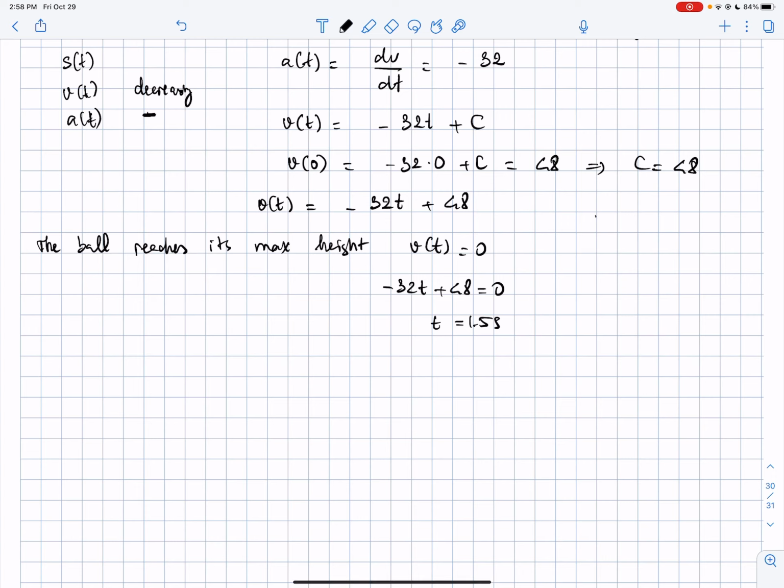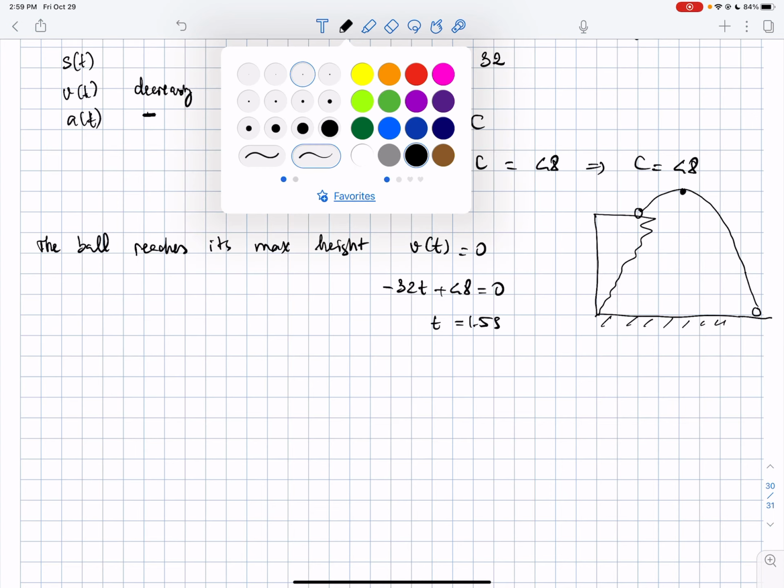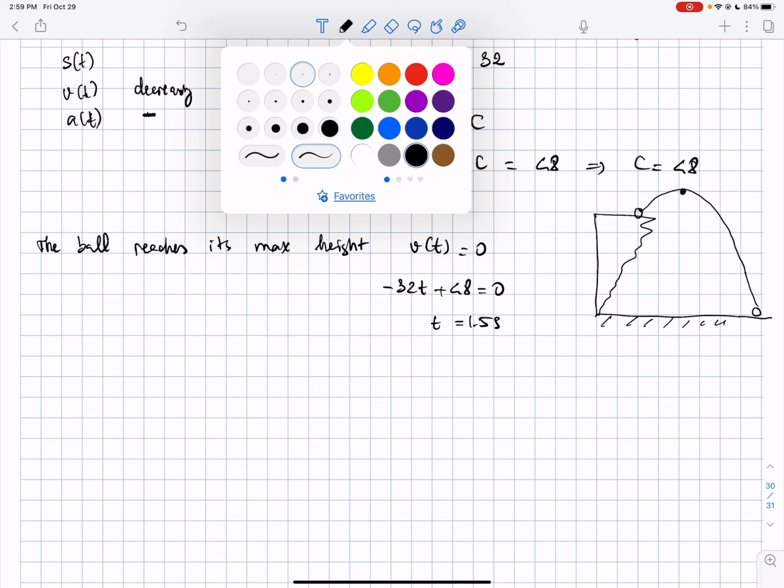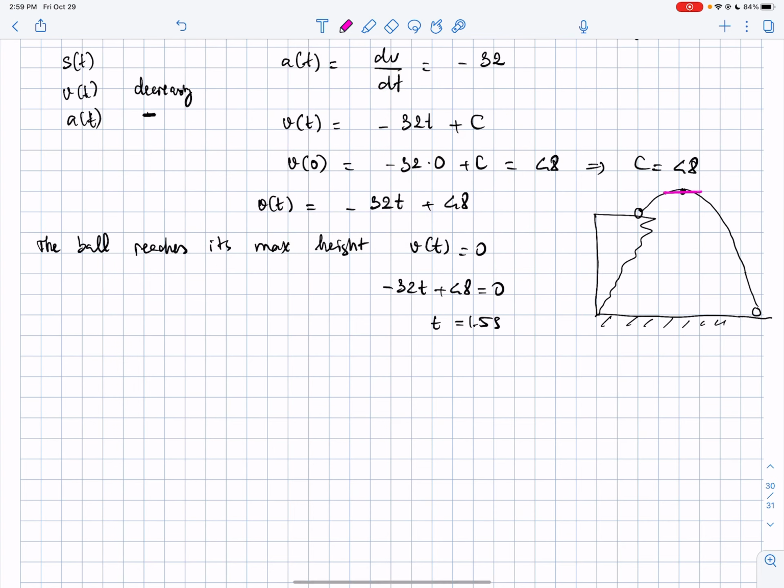So here is the picture. We have a cliff like this, and the ground like this. If a ball is thrown up, then the ball will move down so that it will hit the ground later. We can see that at this maximum point, this is the distance function of the ball, and at the maximum point, the slope of the tangent line is 0.